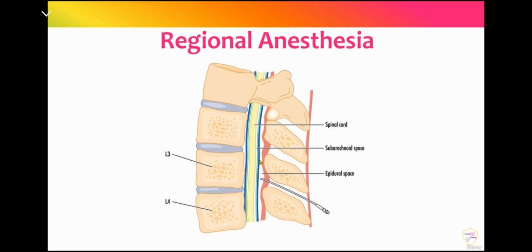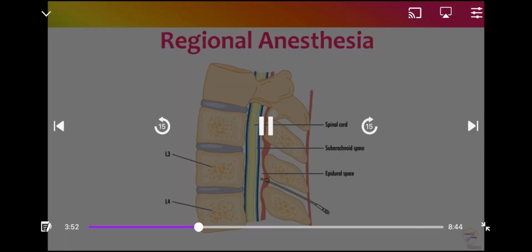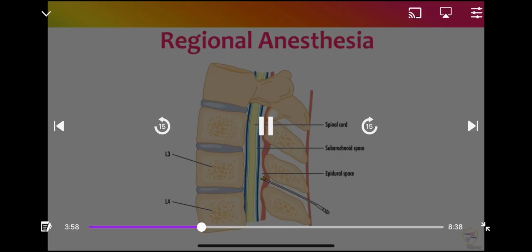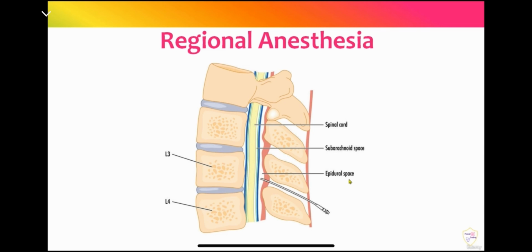So minor wear and tear is covered by this dura mater. So, the dural covering. Outside the dural covering is the epidural space. This is a space between this pink membrane and this dura mater, which is a blue membrane. In between these, there is a space. This space is called the epidural space, used for epidural anesthesias.